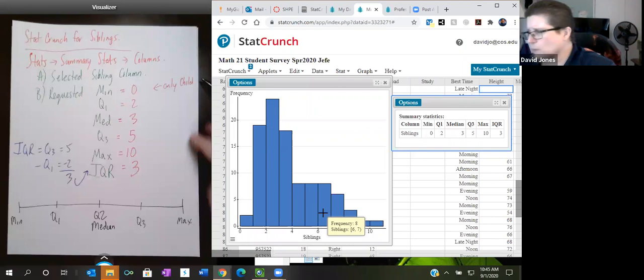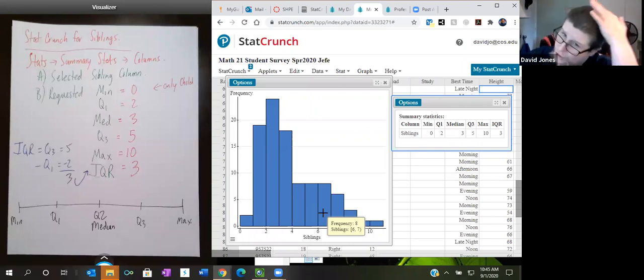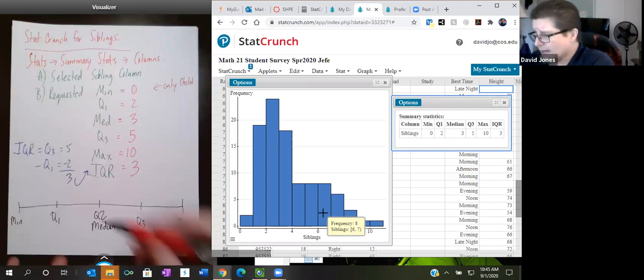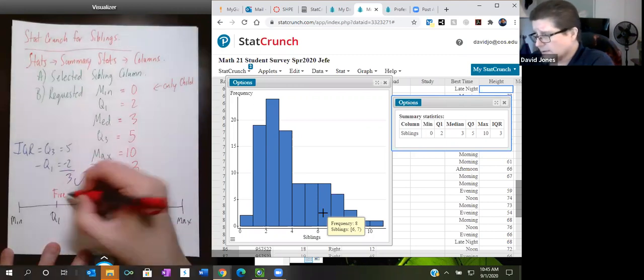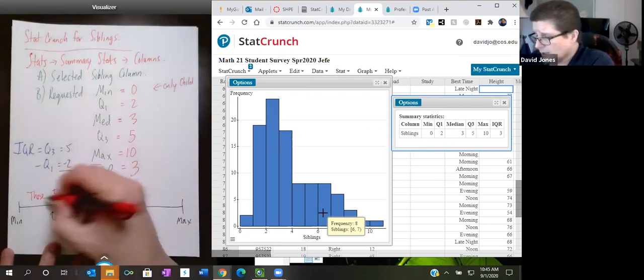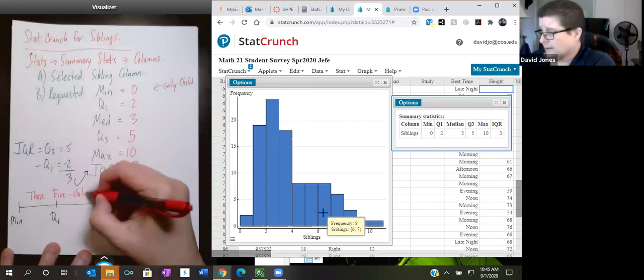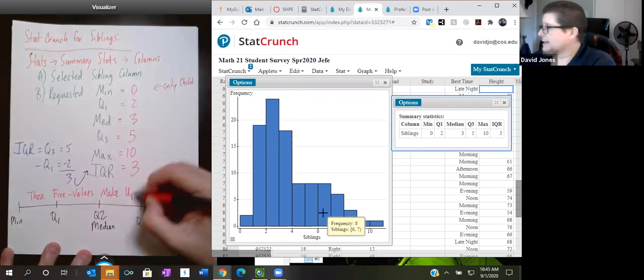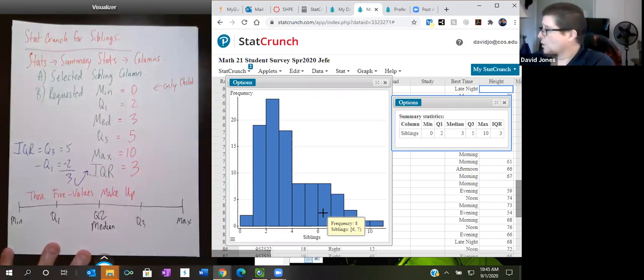Now, the reason why I showed all these rather than just showing you IQR is these 5 values make up what we like to call the 5-number summary.